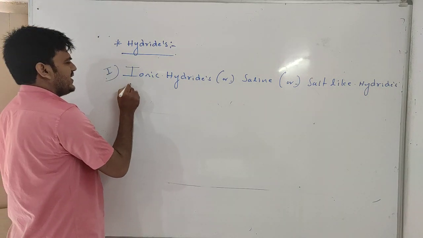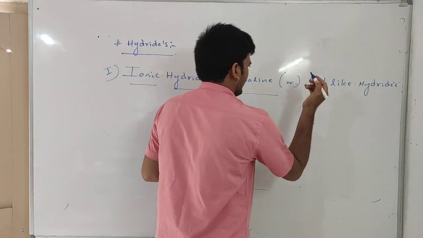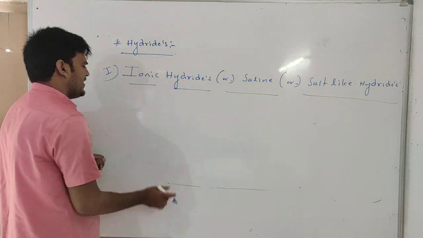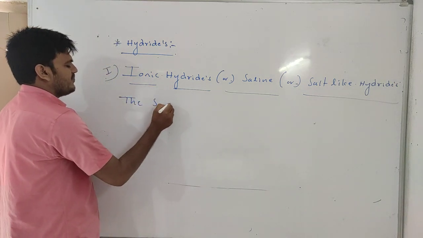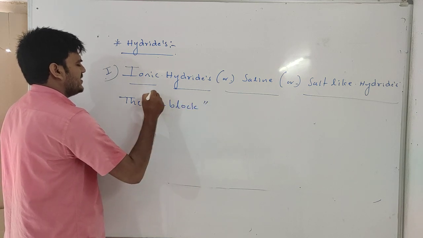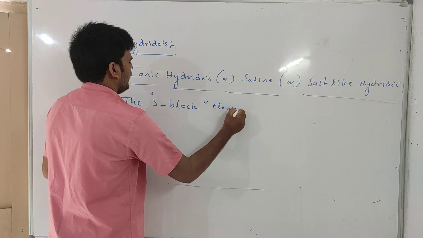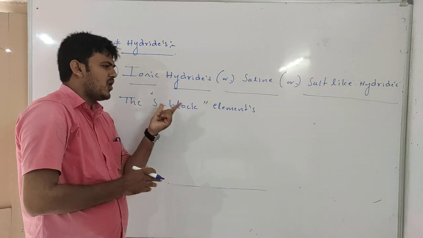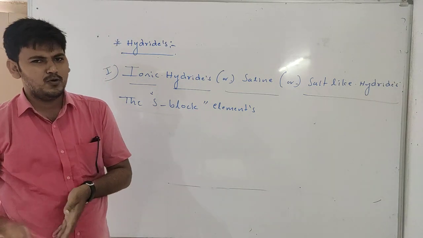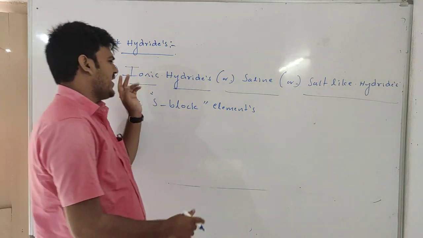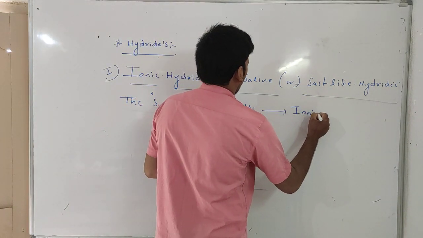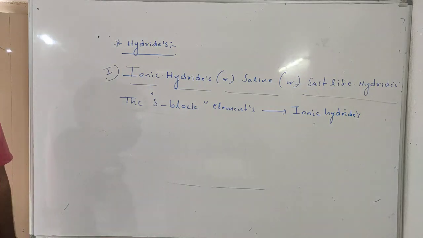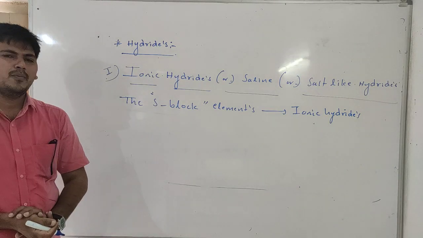Most of the S block elements, that is first A and second A group elements, the alkali and alkaline earth metals, form ionic hydrides, or salt-like hydrides, or saline hydrides.